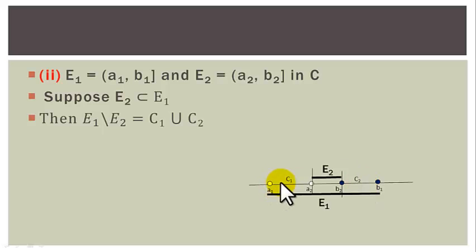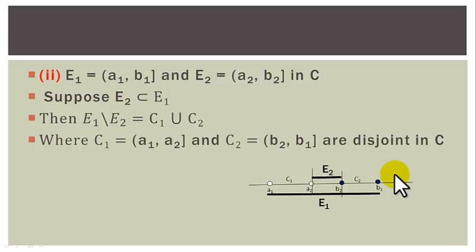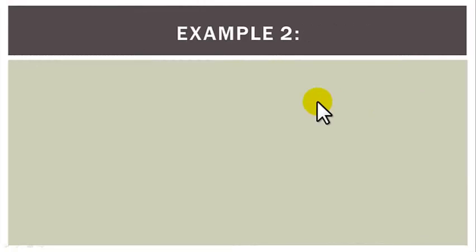And you can see that C1 and C2 are disjoint. They don't have anything in common. So where C1 is equal to the half-open interval (a1, a2], and C2 is the half-open interval (b2, b1].